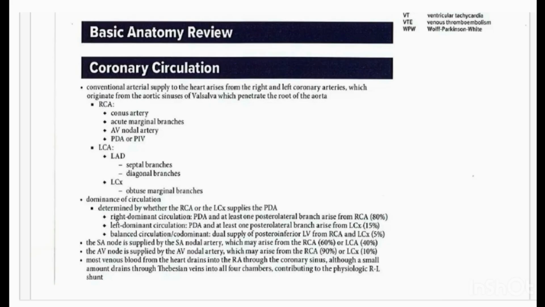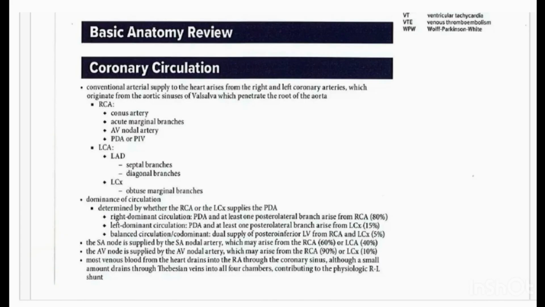An important concept to master here is the dominance of coronary circulation. This is strictly determined by which artery supplies the PDA. For the vast majority of people, about 80%, we see a right dominant circulation, meaning the PDA and at least one posterior lateral branch come from the RCA.